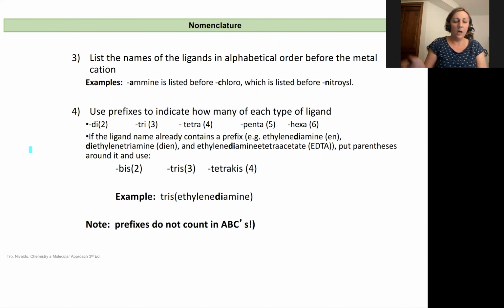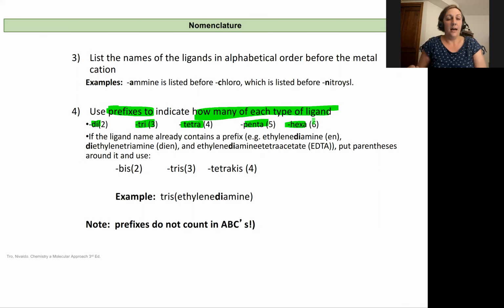We are also going to indicate the number of each type of ligand as well. And we're going to do that with a prefix: di, tri, tetra, penta, hexa, and that can go on, hepta, octa, etc.